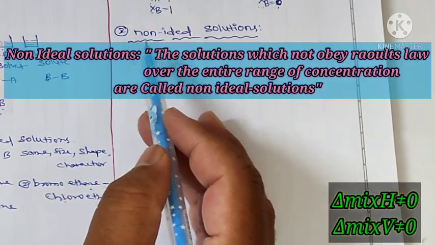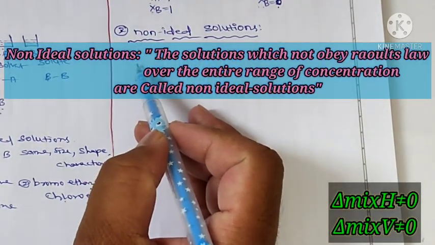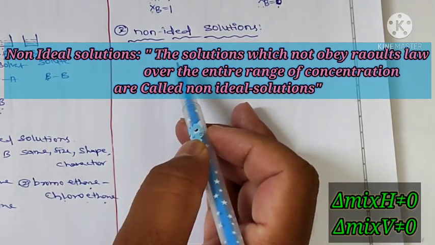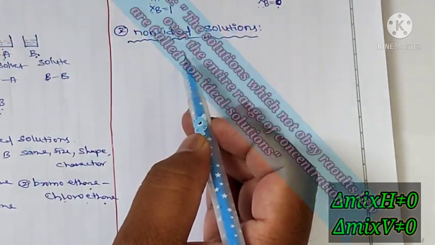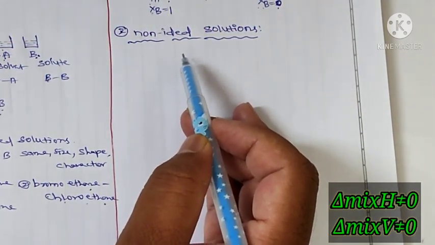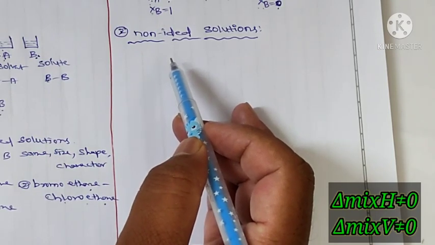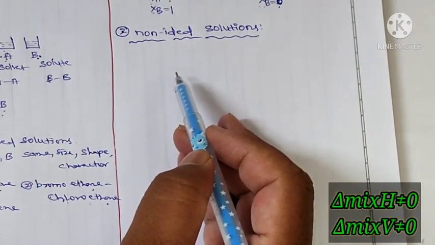And next, the second one, non-ideal solutions. The solutions which do not obey Raoult's law over the entire range of concentration are known as non-ideal solutions. The solutions which obey Raoult's law are called ideal solutions. The solutions which do not obey Raoult's law are called non-ideal solutions.